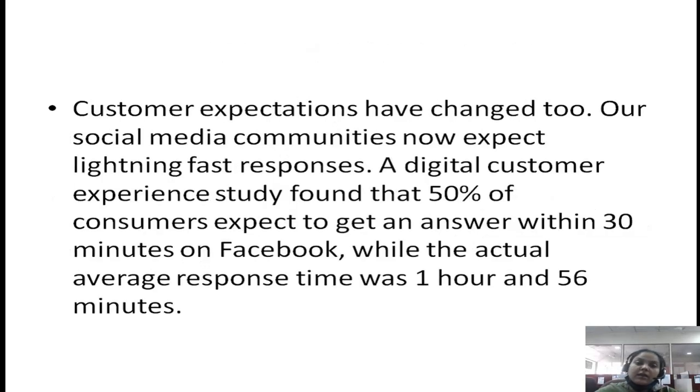Okay. Next is customer expectations are also changing. Yes, obviously. Can you go ahead with a type of business where the customer has no expectations, or where customer expectations are not changing?